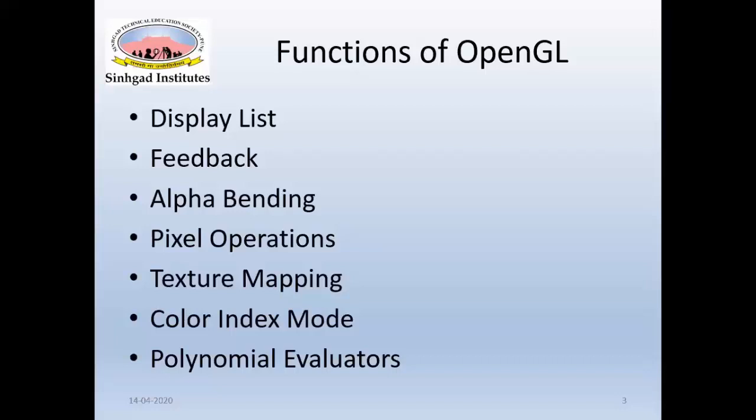This is the mode where OpenGL will return the processed geometric information to the applications as compared to rendering them into frame buffer. Next, alpha blending. It is used to create transparent objects. Fourth, pixel operations. There are different operations.